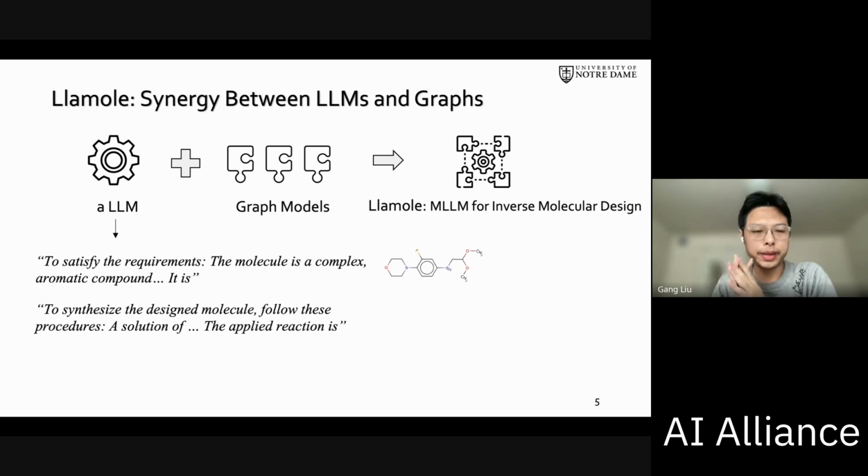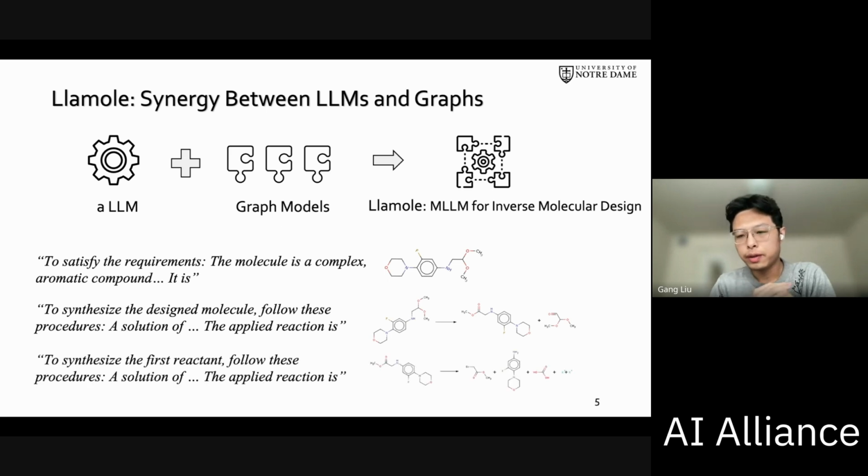The model doesn't stop here. After generating the molecular structure, the large model continues to analyze the structure and tells us how to synthesize the designed molecule. It will output the reaction procedures, and then we use another graph module, such as the graph neural network, to tell us what kind of reaction template or formula we can use to synthesize this target molecule.